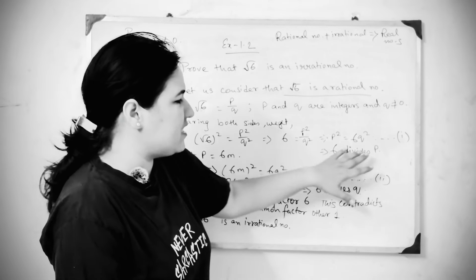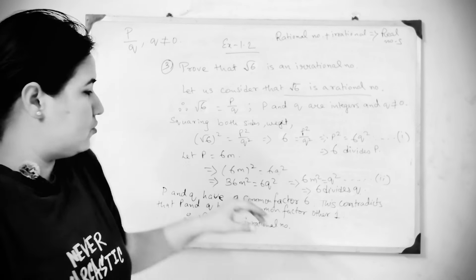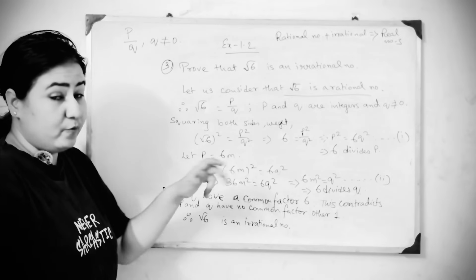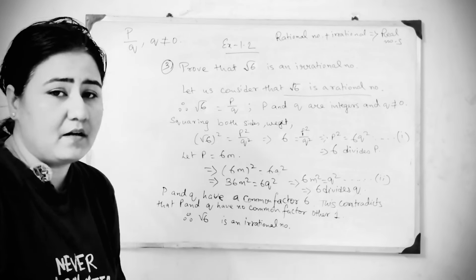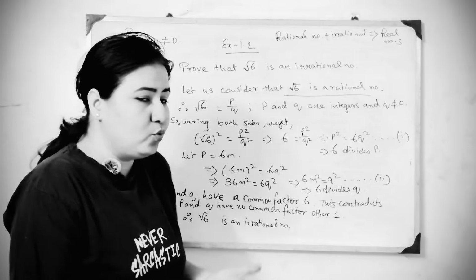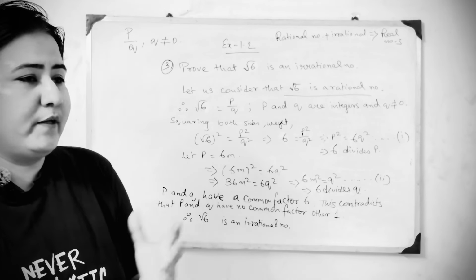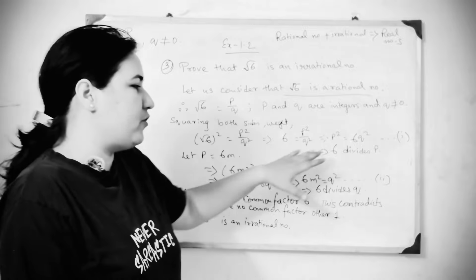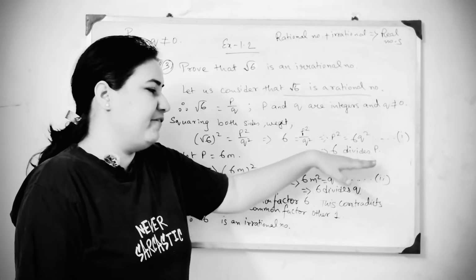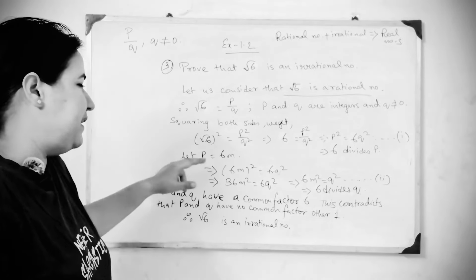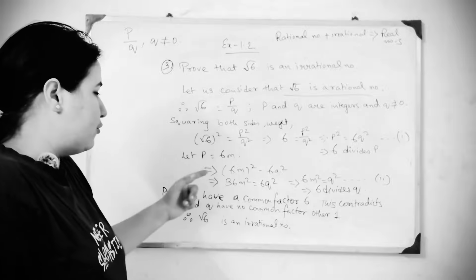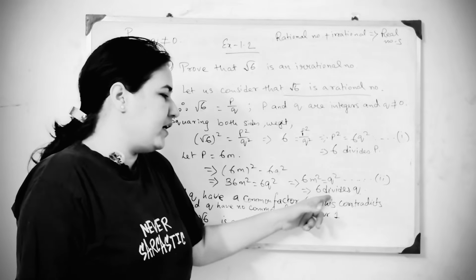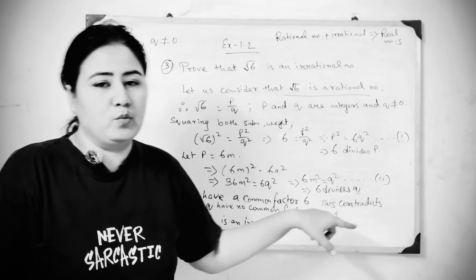So now let us consider one value for p. You can take it as 6m, which will make the sum easier. You could have taken 2m, 3m, 4m, but if you take that, proving will be difficult. Since we are already concluding that 6 divides p, let us take p as 6m. Now you put the values and you can conclude that 6 also divides q.